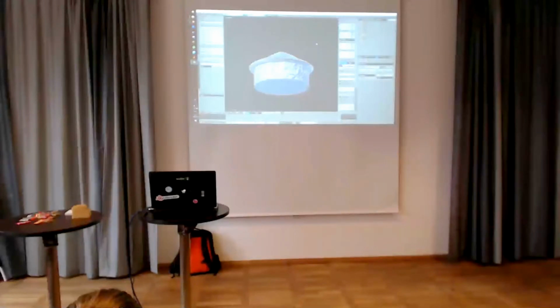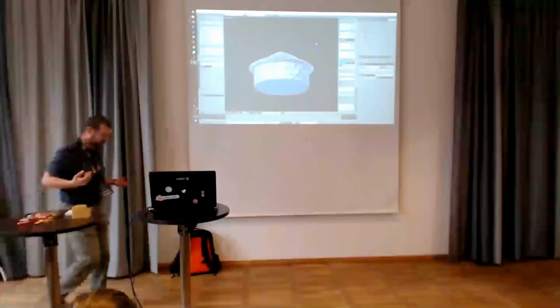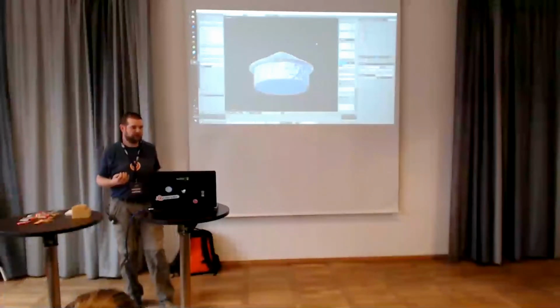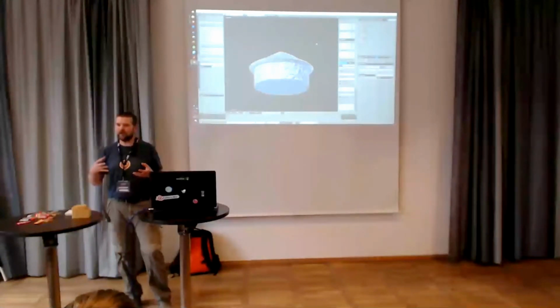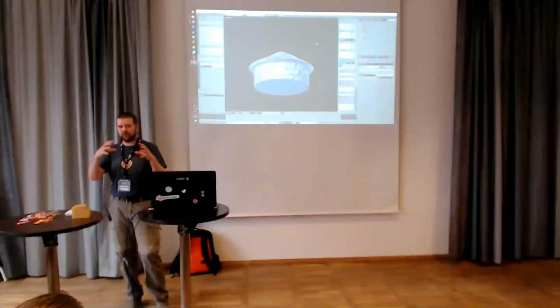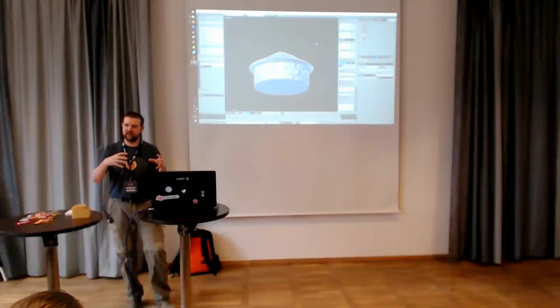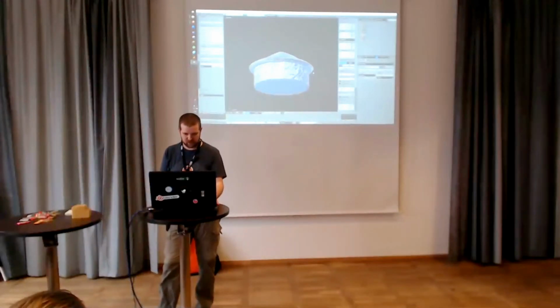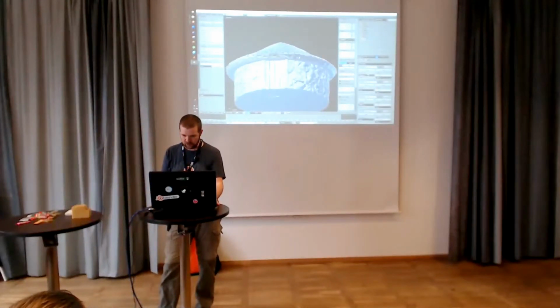So you make a simpler model for the game and then render all the details as texture maps, normal maps. So there are some workflows where you have a very detailed object and want to preserve some of the detail in a simpler model. I can quickly show it here.